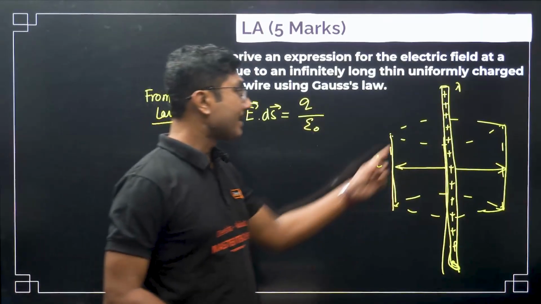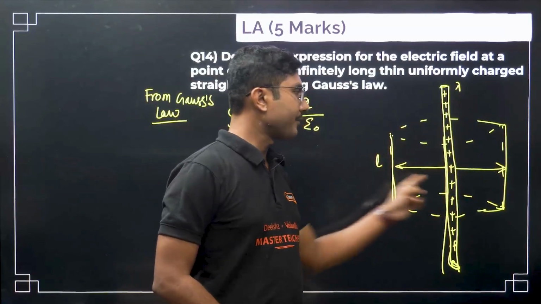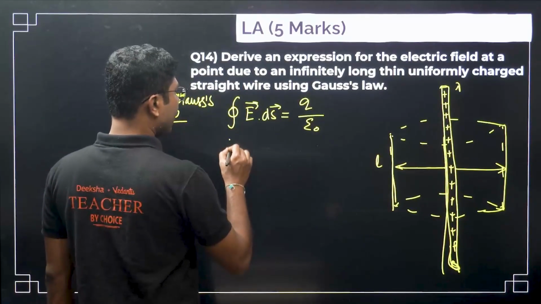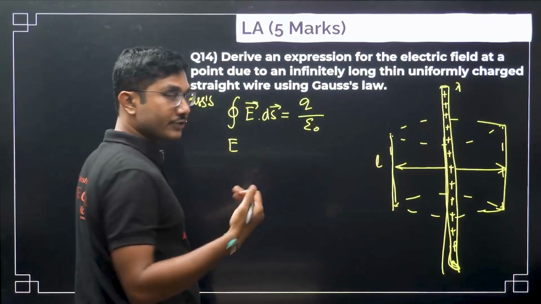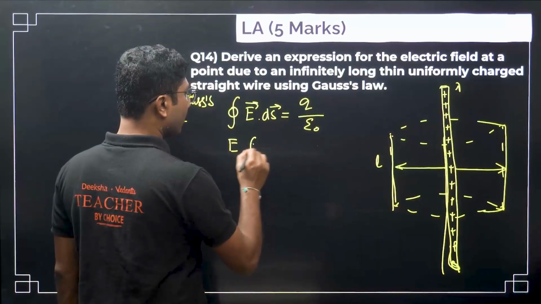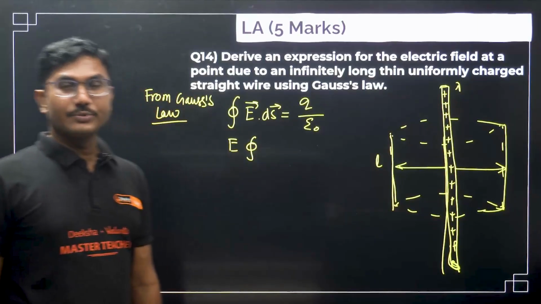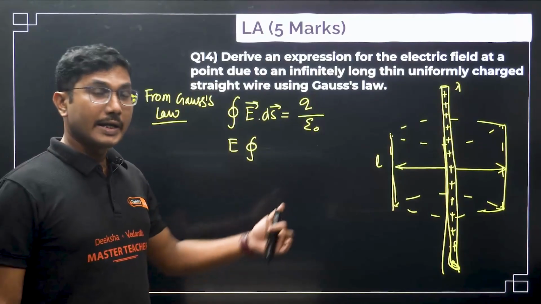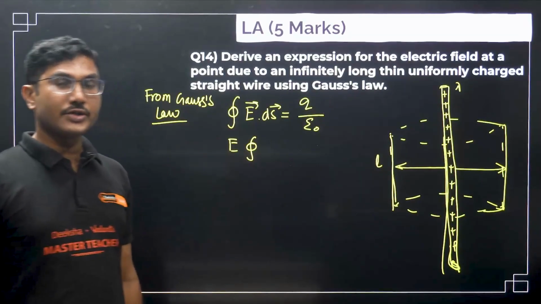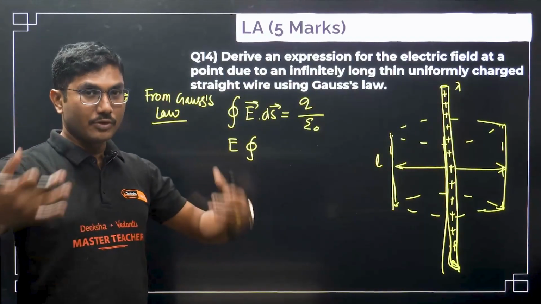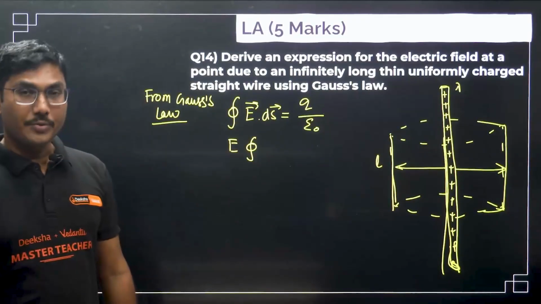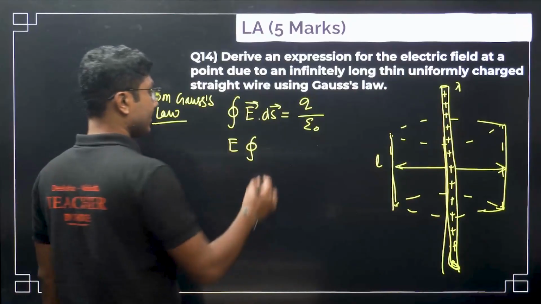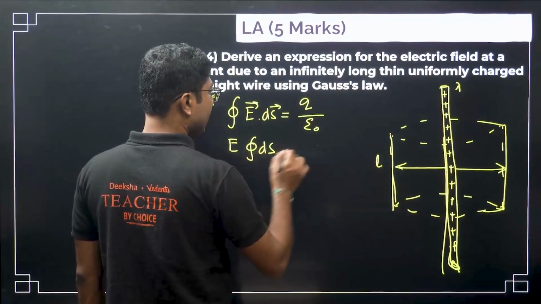Uniform means the magnitude of the electric field on the surface of this cylinder is constant, right? So magnitude-wise the electric field is constant, so it will come out of the integration, similar to differentiation. When you differentiate a constant, it comes out. Similarly for integration, constants come out of the integration. So E closed integral ds.